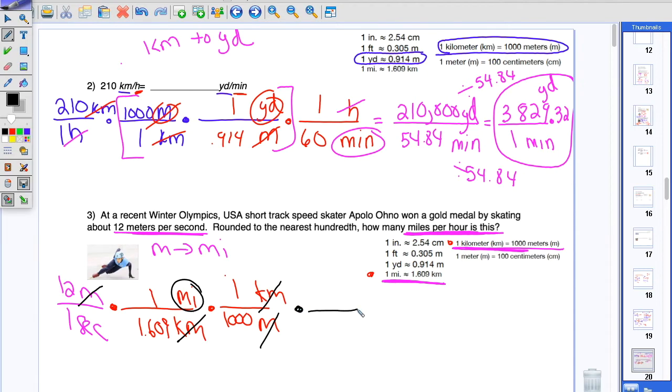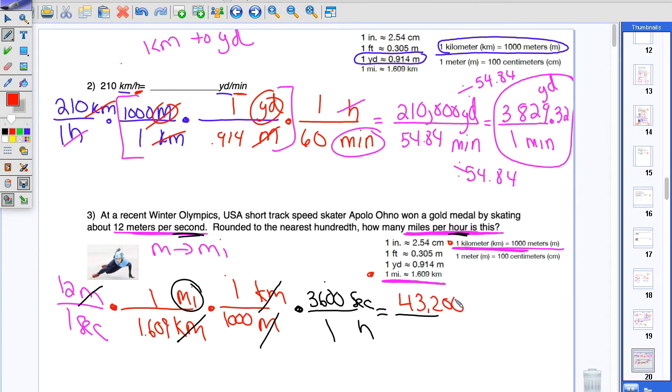Now we're looking at our time, seconds to hours. So seconds is in the denominator, we're going to put that in the numerator, hours in the denominator. So 1 hour is 3,600 seconds. Multiply going across. So 12 times 1 times 3,600 to give you 43,200.